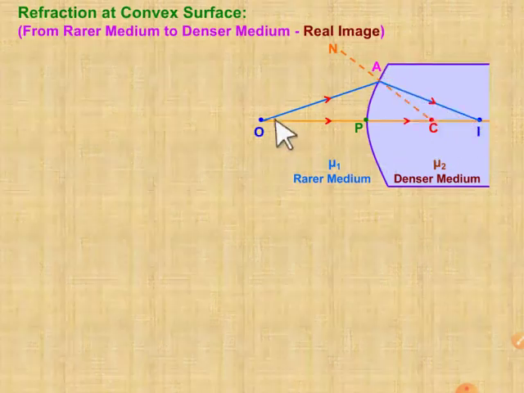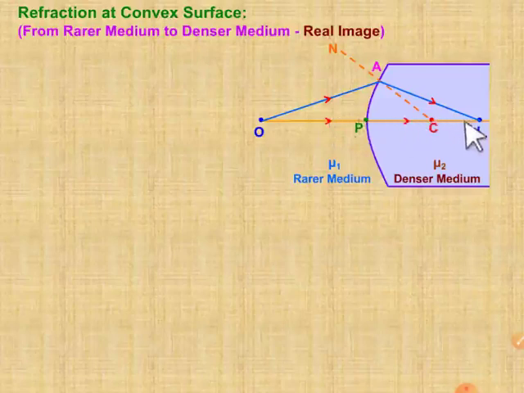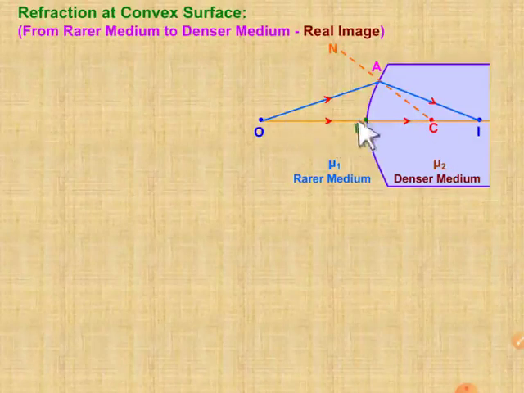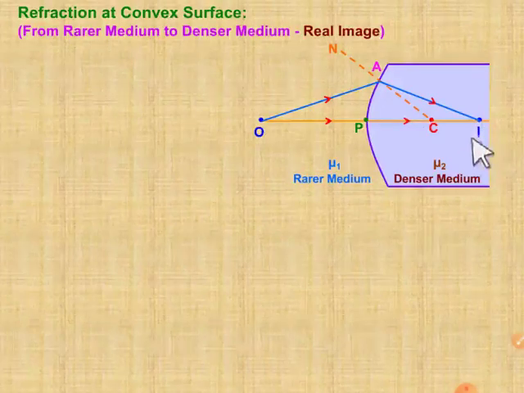And the other ray, which is passing through the pole to the center of curvature, will go without any bending or deviation. So it will pass here like this. These are the two refracted rays, and where the two refracted rays meet here will be the position of the image. The image will be formed here.